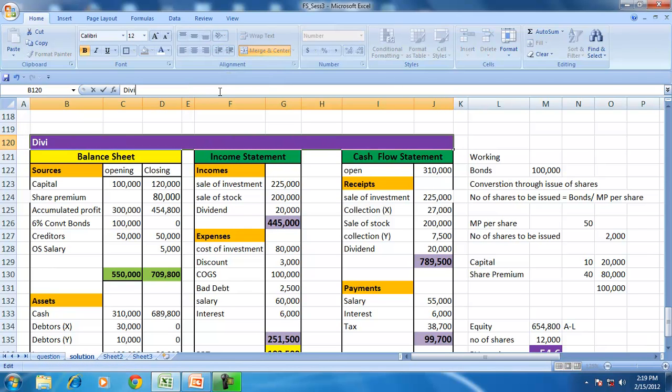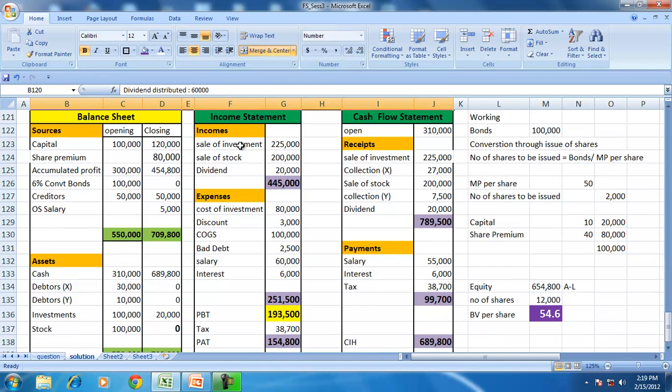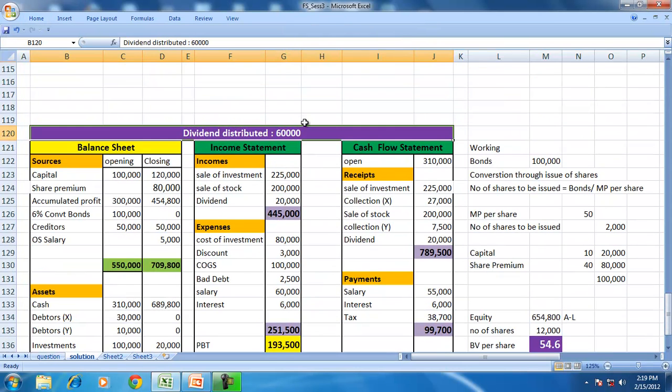Let us assume that the dividend distributed is 60,000. Dividend is not an expense, but a cash flow.